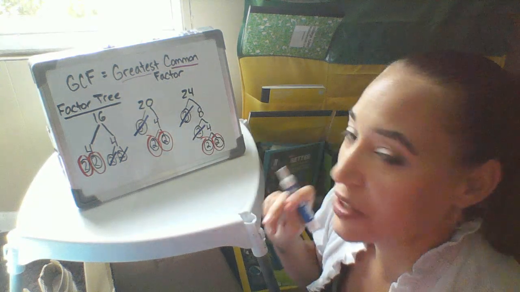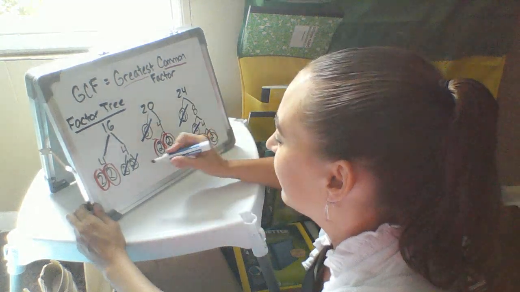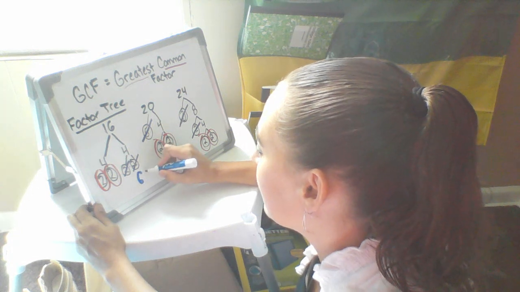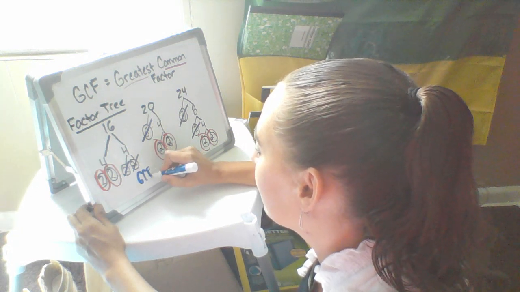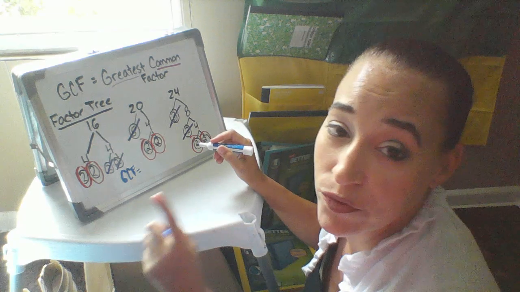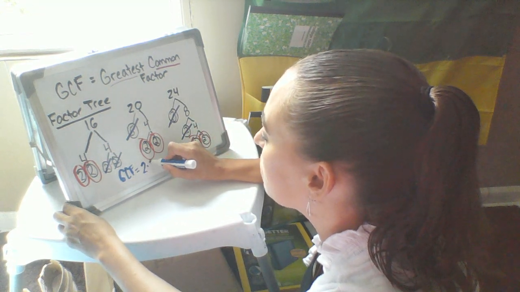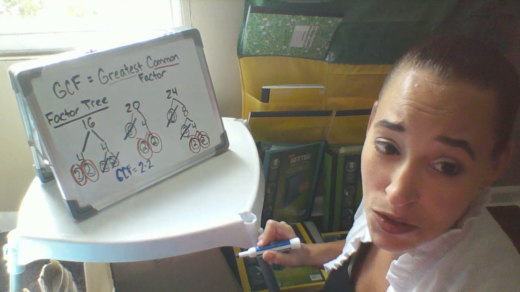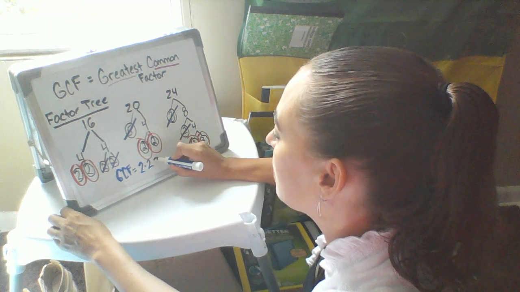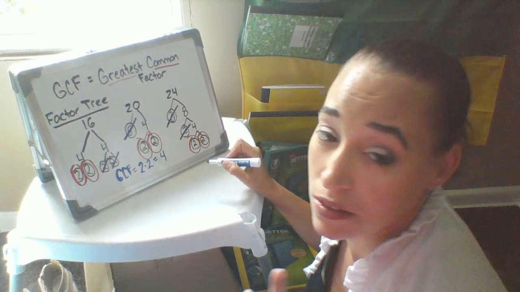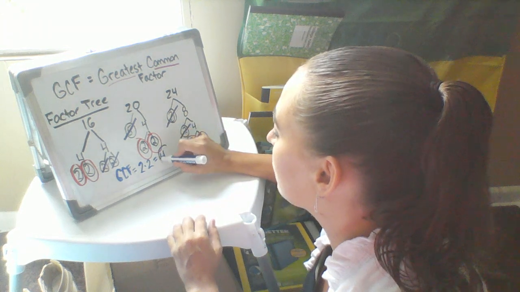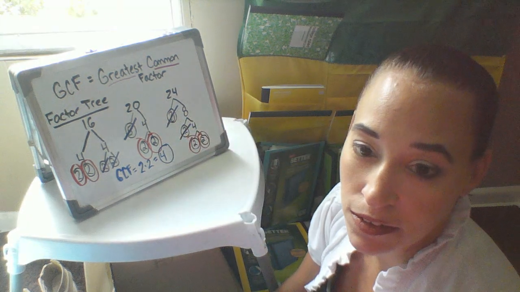Step 3, so I'm looking for my GCF. GCF would then equal 2 times 2, because you have the 2 2's. 2 times 2 is 4. So your GCF is 4.